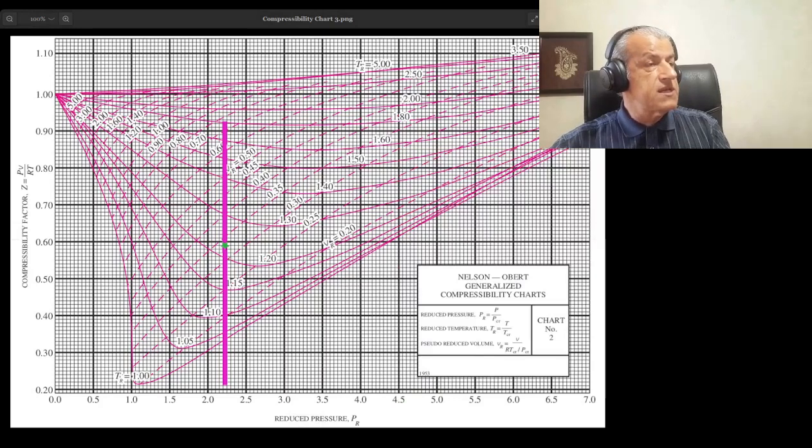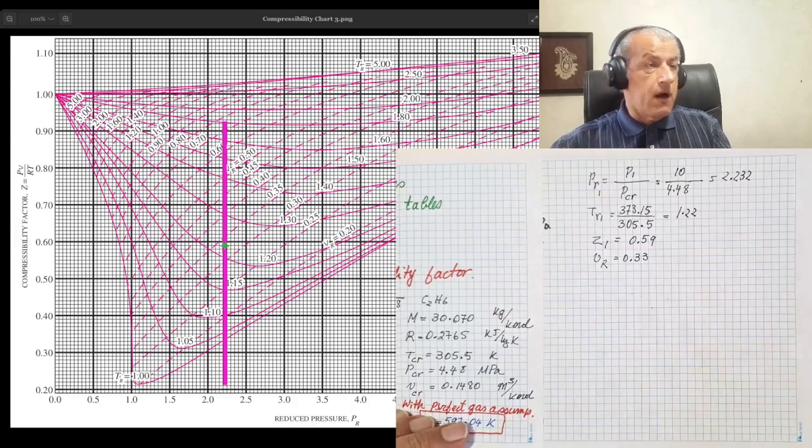VR is non-dimensional, and its definition is here. VR equals V over the specific volume at the critical point, if our ethane were a perfect gas at the critical point. This is how VR is defined. Since the critical volume is constant, if between points 1 and 2 V is 60% higher, therefore VR would be 60% higher. Now what we do is calculate VR for point 2.